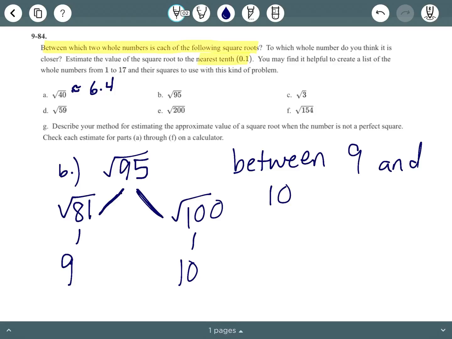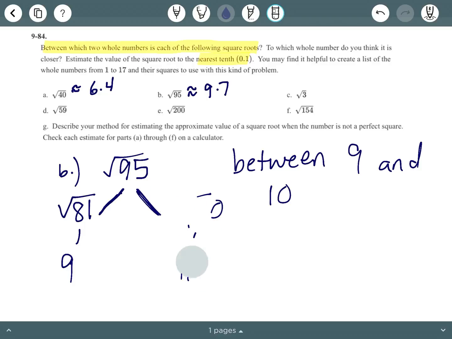So I guess it's not really equidistant, but it is definitely closer to the 100. It's only 5 off. So I'm going to put my estimate at about 9.6, 9.7. I'm going to say 9.7 for this one.